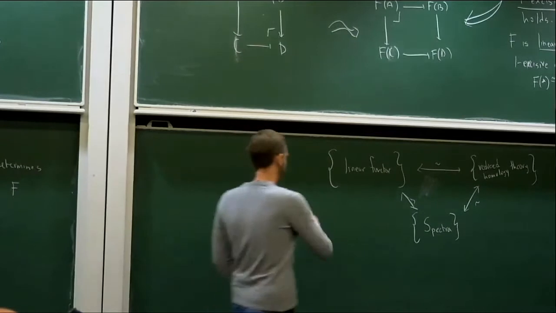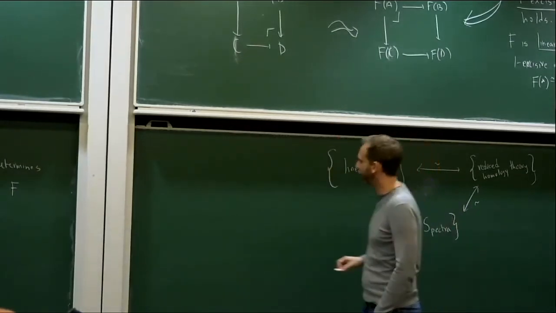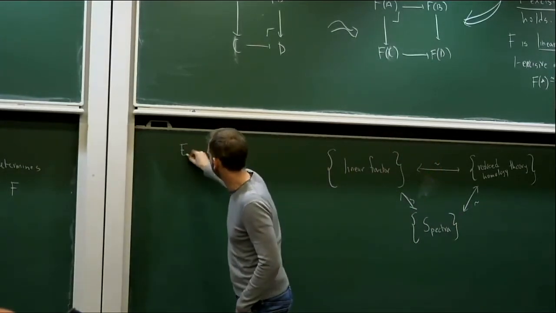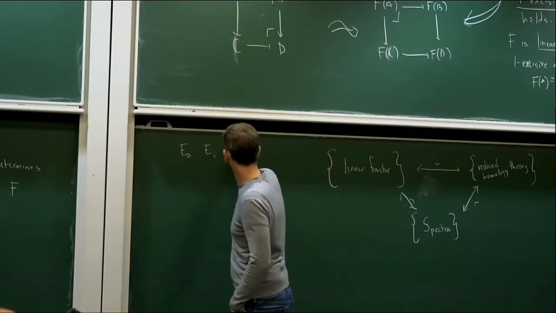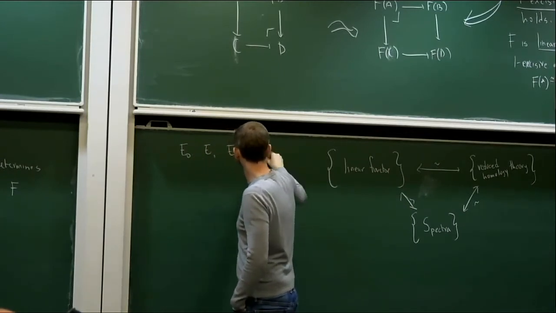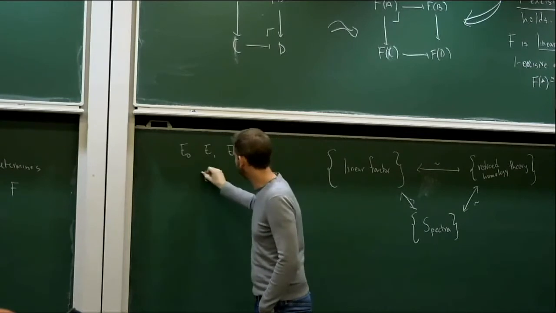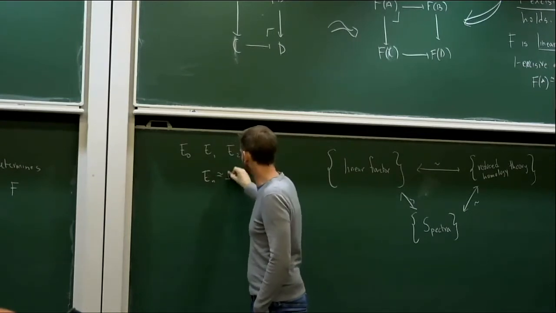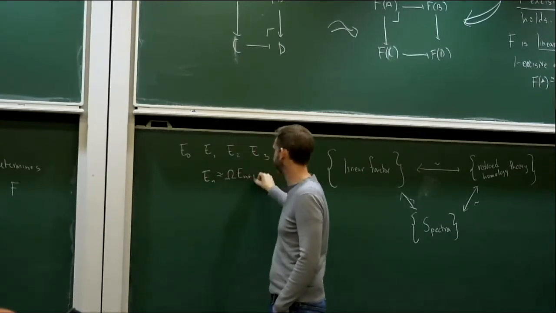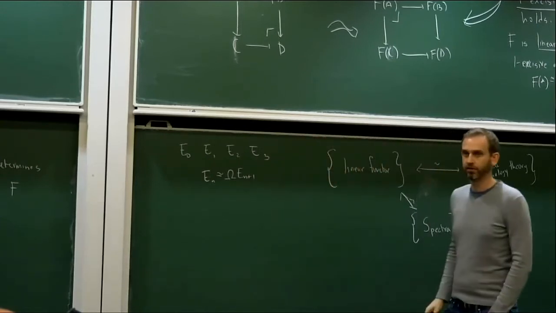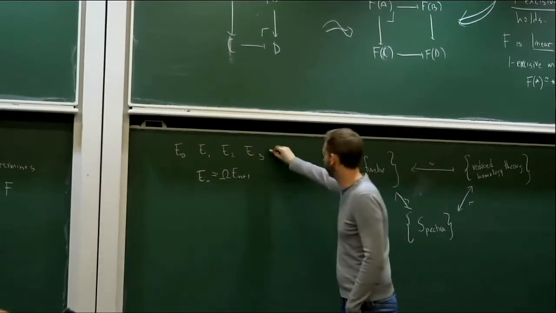Right. So if you remember, a spectrum is just a sequence of spaces together with equivalences where En is the loops on En plus 1. This is a standard definition in stable homotopy theory.